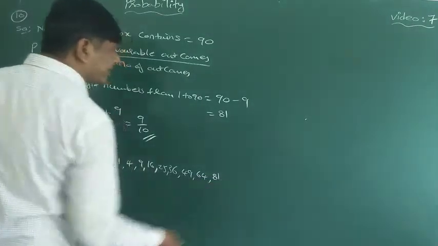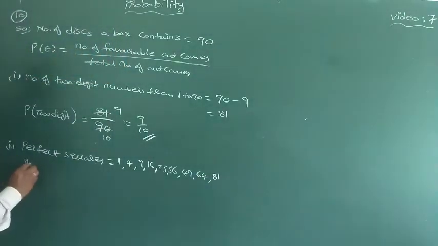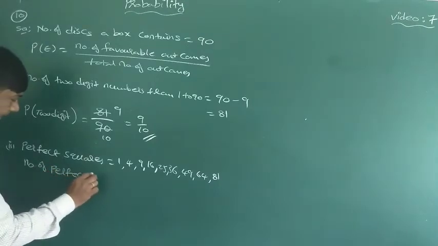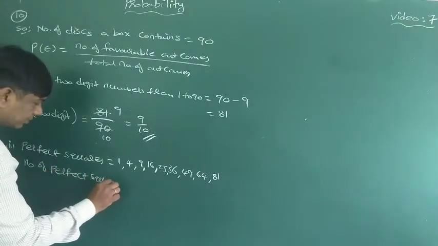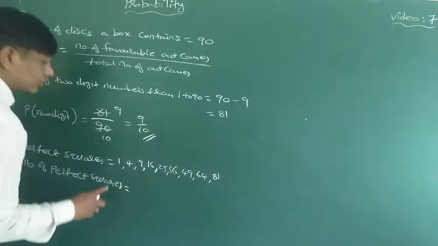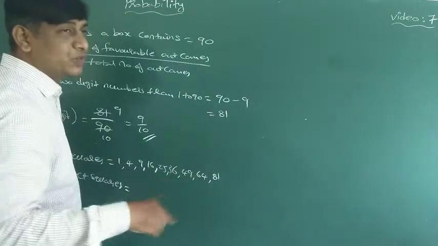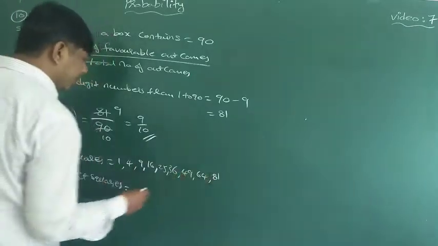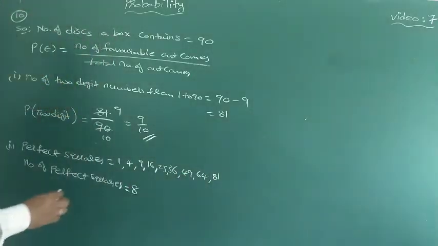So number of perfect squares is 1 square up to 8 square, meaning 8 are there.